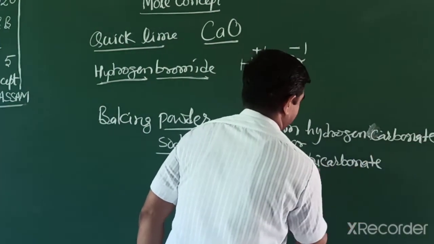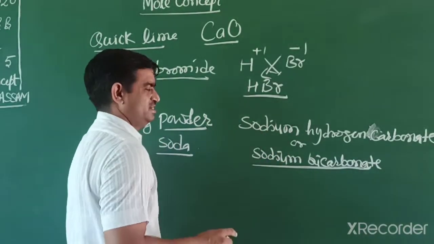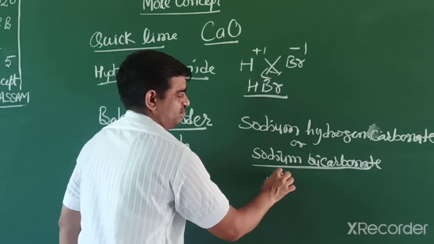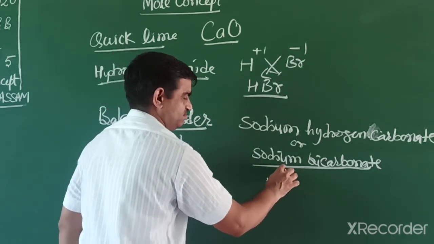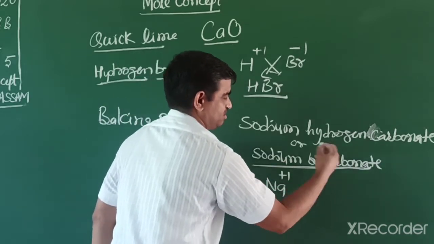Such type of names you will learn in 10th class. So how can we write it? We need the sodium ion. Sodium, we know valency plus 1. And bicarbonate means hydrogen carbonate.